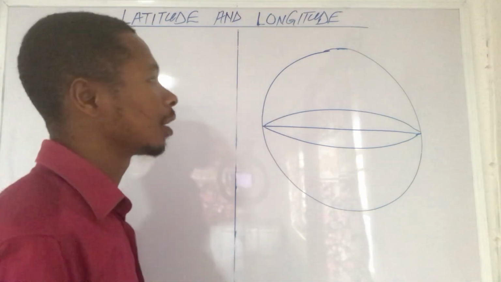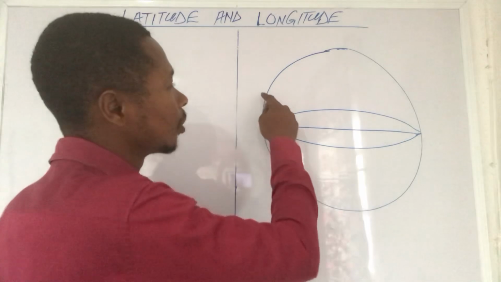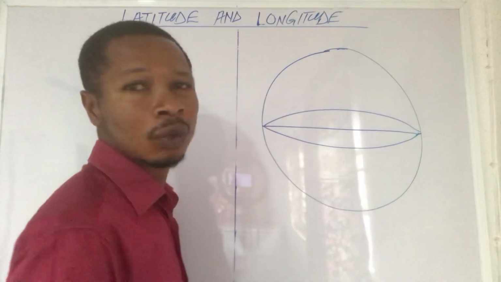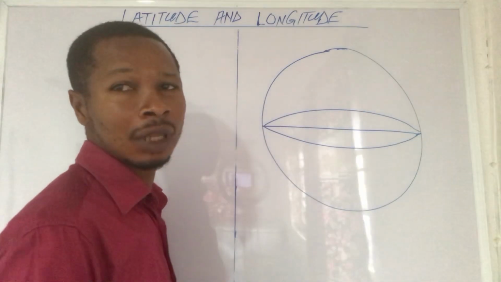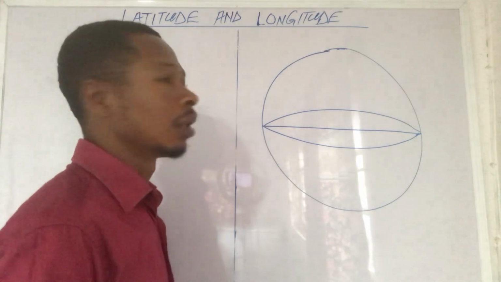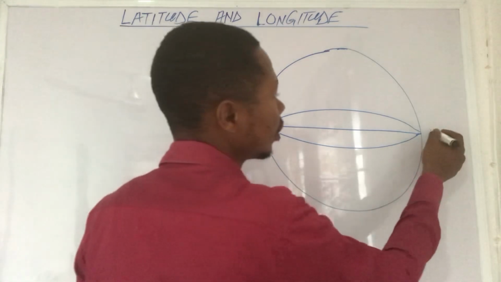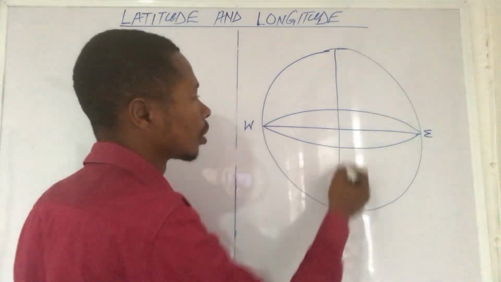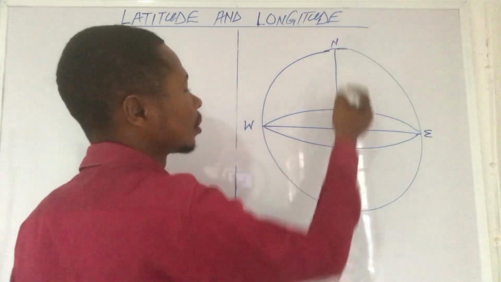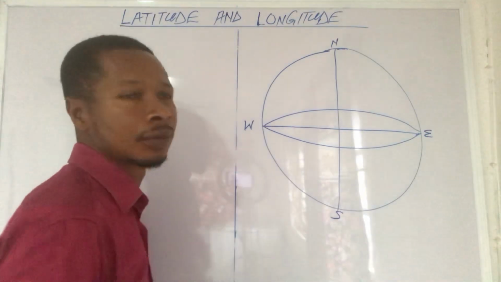Now, any line that is drawn from this side to this side is what is referred to as lines of latitude. You recall that this is your west, east. Then you have this north and south.